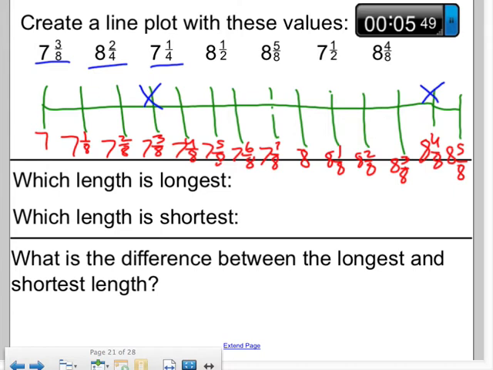Well, you times the denominator by 2. 4 times 2 is 8. And what do you get? 7 2/8. How about the next one?